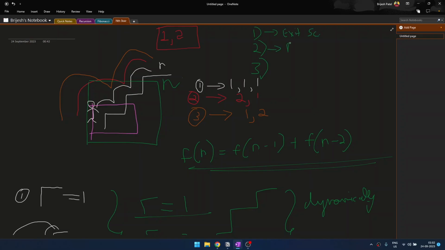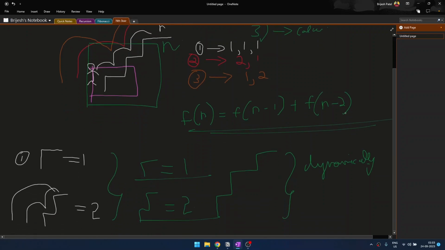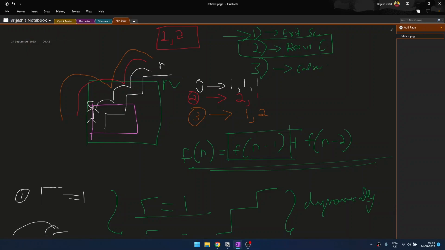The second one would be the recursive call, and the third one would be the calculation. So looking at the setup, we identified the exit scenarios, that is for one step and for two steps. Now let us see which will be the recursive case. The recursive case will be nothing but these individual functions that we call. Similarly, the last step is to do the calculation, which is the whole thing here.